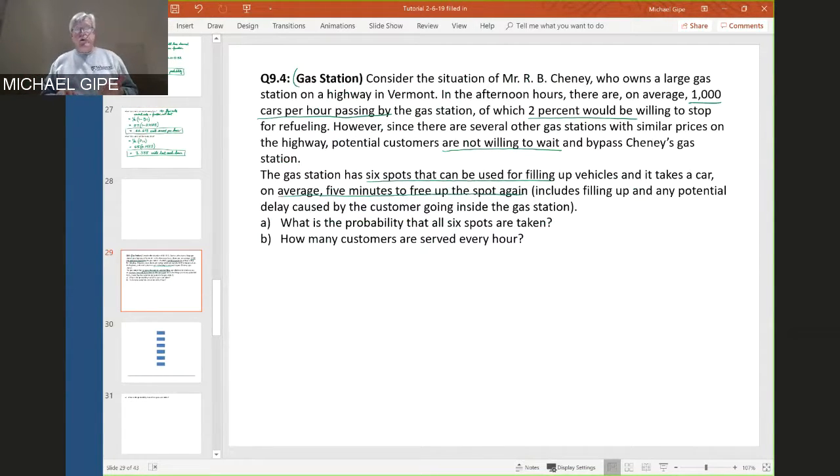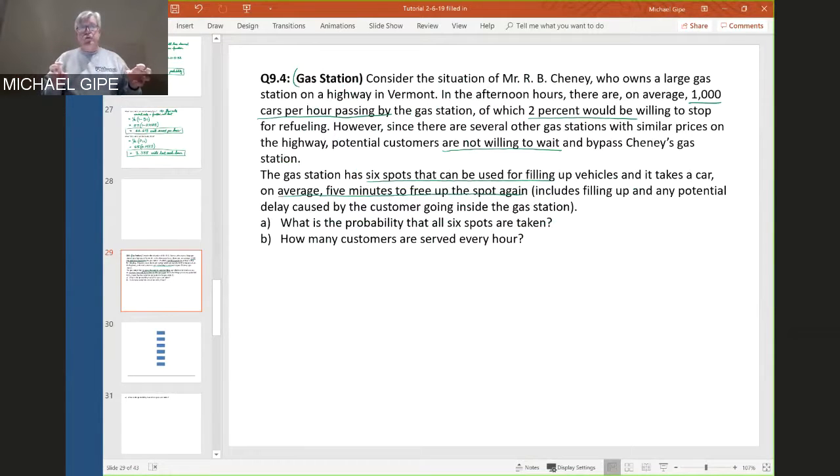What's the probability that all 6 spots are taken? In other words, if all 6 spots are taken, then the customer will bypass the station and go somewhere else. That's a loss, demand lost. And what's the probability that all 6 spots are taken given these parameters? And then how many customers are served per hour? Same idea here.